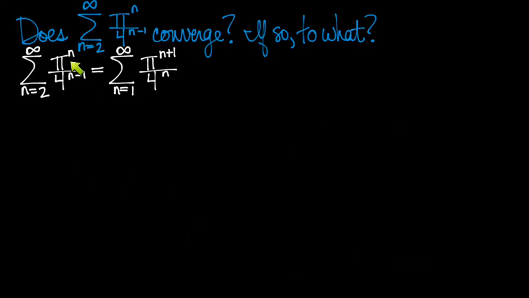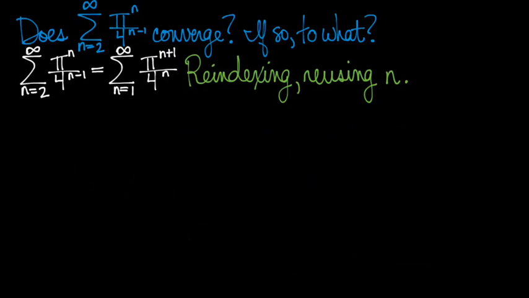And so instead of pi to the n, I have pi to the n plus 1, so that the first term still has pi squared. Instead of 4 to the n minus 1, I have 4 to the n, so that the first term has 4 to the 1 power in it. So I re-indexed, I reused the letter n, and now the series starts with n equals 1 like I want it to.